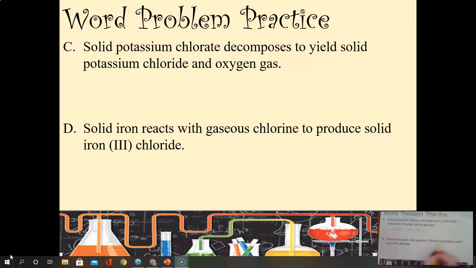It says that it produces solid iron 3 chloride. Can you write that formula? Iron 3. So iron is Fe with a plus 3 oxidation number, because that's what that means. Chlorine is Cl minus 1. So crisscross those, use them as subscripts, and that would be FeCl3. Let me take those off. We don't need them anymore.